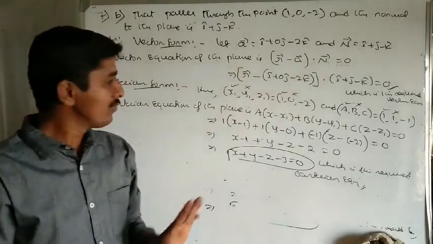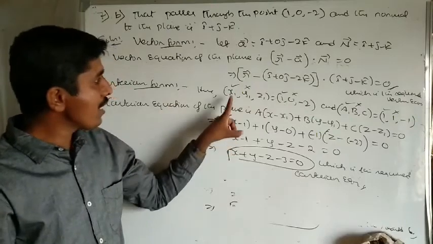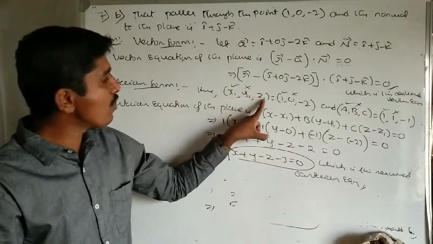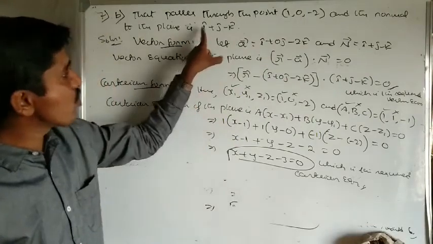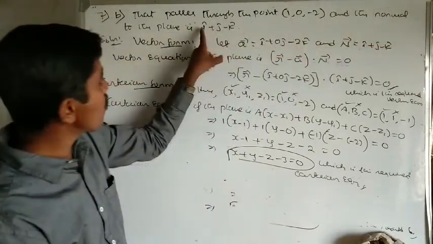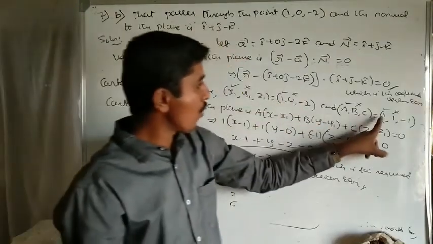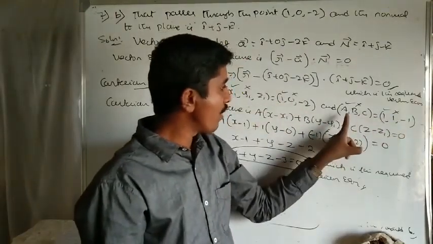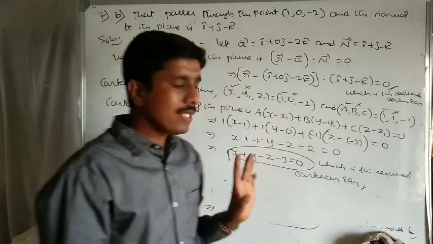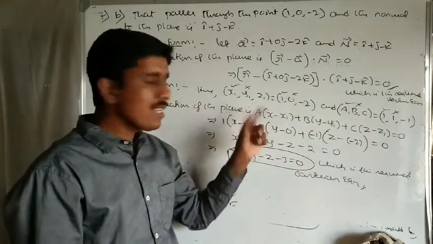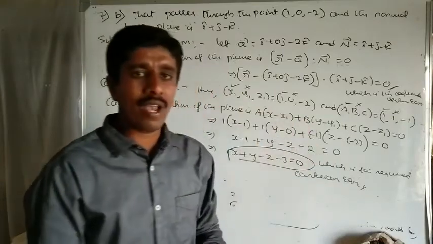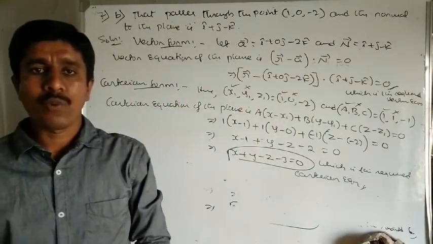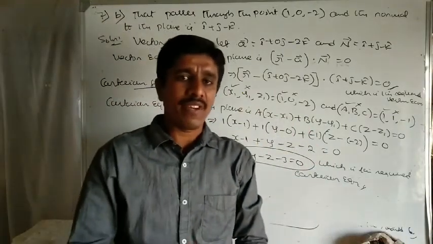But in the Cartesian equation, take x1 comma y1 comma z1 as 1, 0, minus 2, and the direction ratios of the normal, 1, 1, minus 1, denoted a, b, c. Substitute a, b, c and x1, y1, z1 values in the Cartesian equation of the plane, and we get the required Cartesian equation.